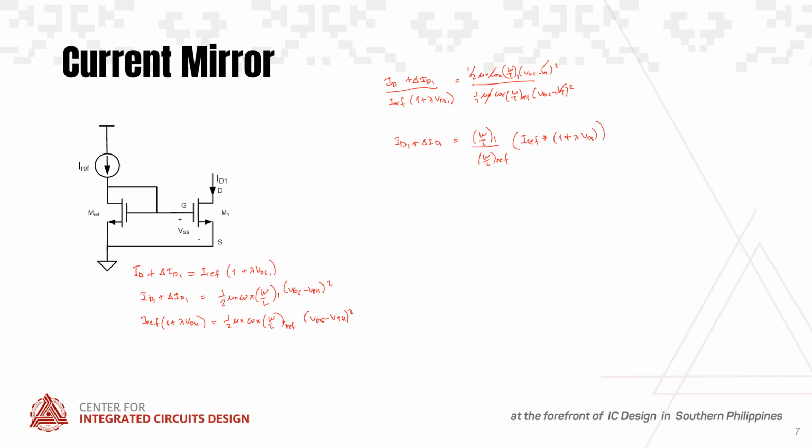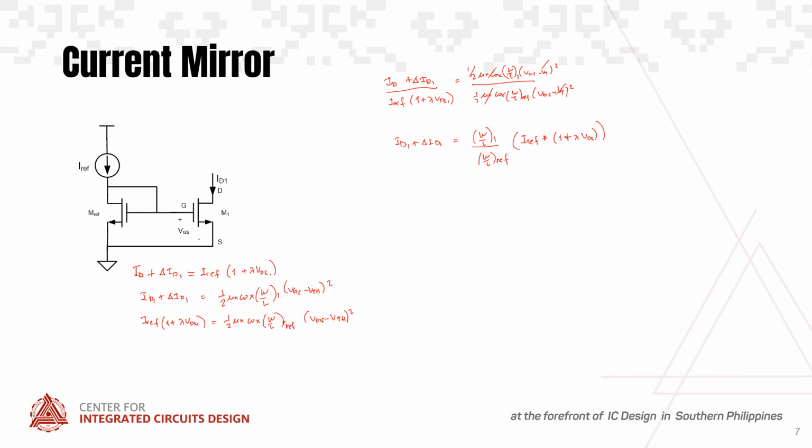Okay, so this would be the value of ID1 plus change of ID1.